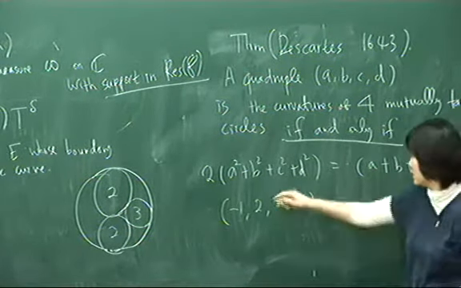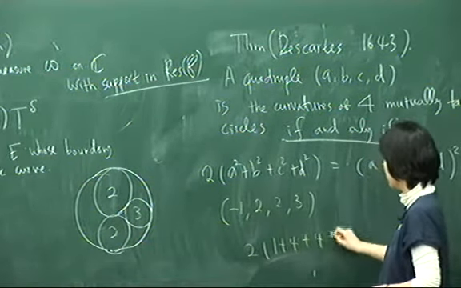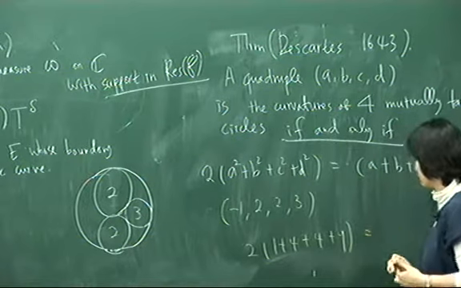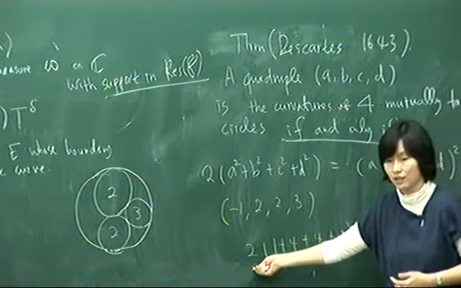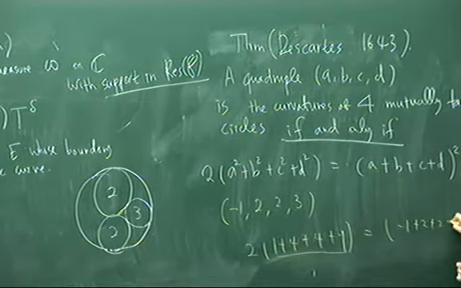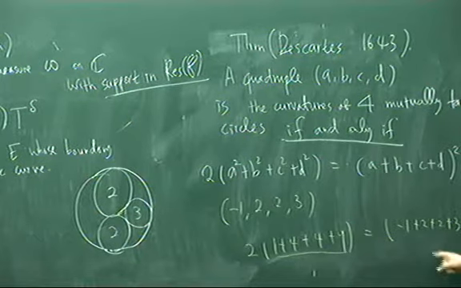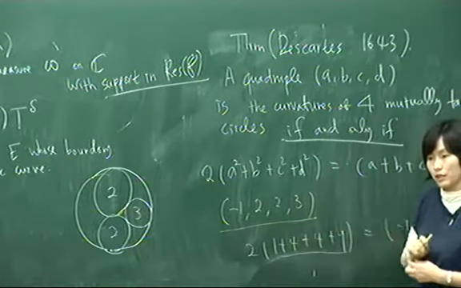So let's check. Twice over 1 plus 4 plus 4 plus 9. And this is 18, and 36. This is 36. And then here, minus 1, 2, 2, 3, squared. So this is 6, so this is 36. So this quadruple, negative 1, 2, 2, 3, satisfies this quadratic equation, right?